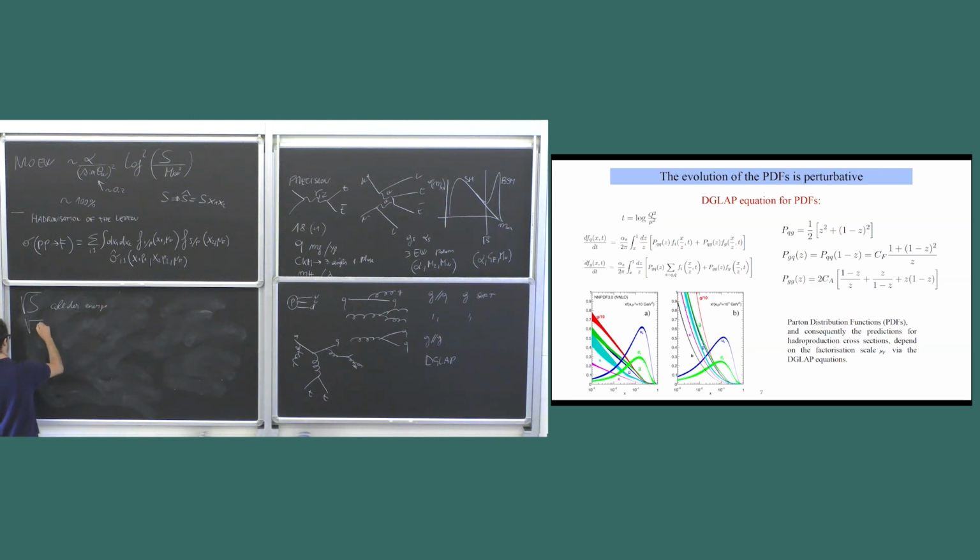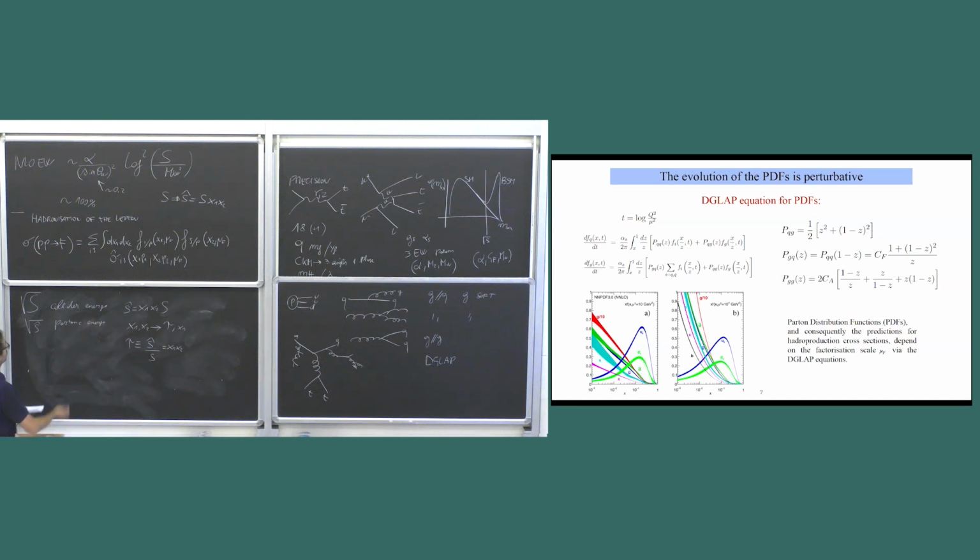So we said square root S is the collider energy. Then square root S hat is the partonic energy. So S hat is equal to x1 x2 times S. Now I change x1 and x2, for example, into tau and x1, in which I define tau as the ratio of S hat over S, that is equal to x1 times x2.